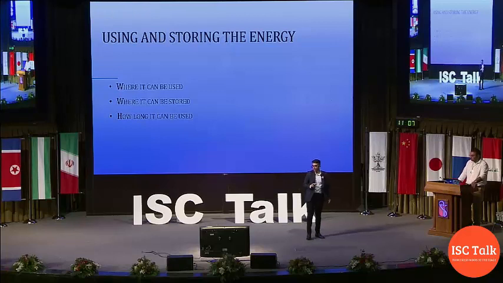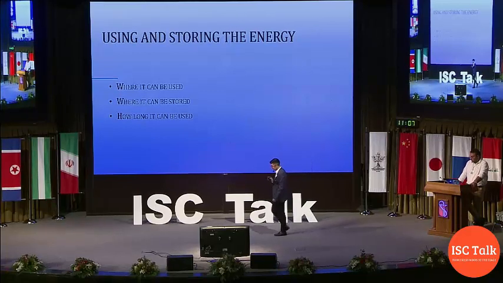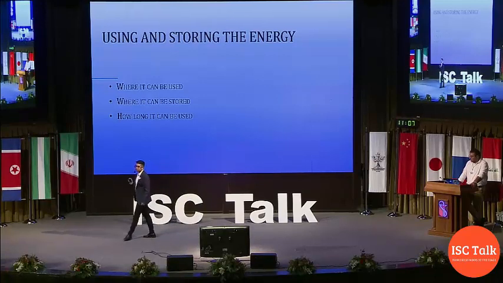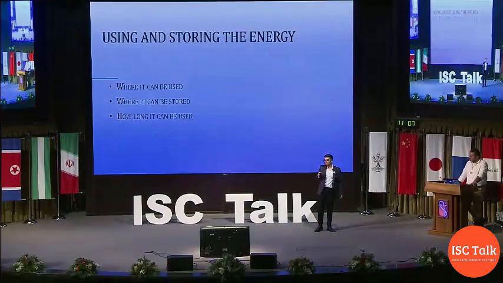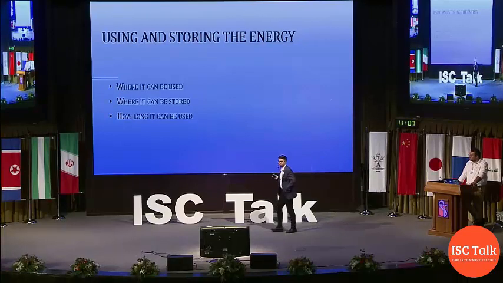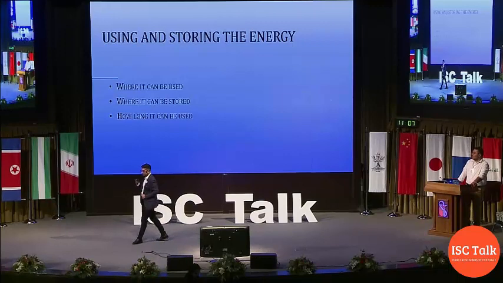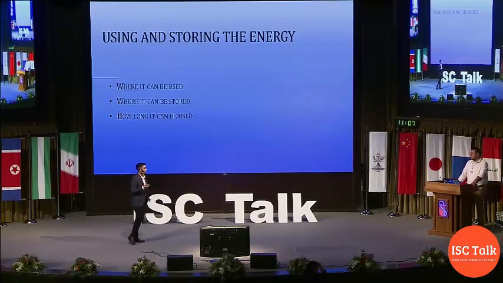Now, where it can be used, some research has already been done on this, and they found that on average, if 2 to 3 cars pass over the speed bump in a minute, they can produce over 2.9 kilowatts per hour. Now, this may seem minuscule, but relatively, it is a very high amount.